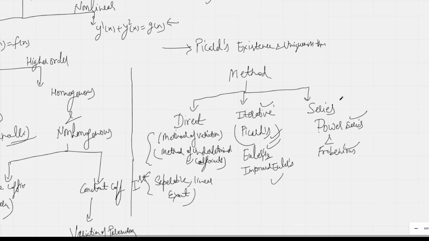In some cases we can also find the series solution. In the series solution, we have the power series method and the Frobenius method. The power series method is used when we have a regular point, and the Frobenius method is used if we have a regular singular point.